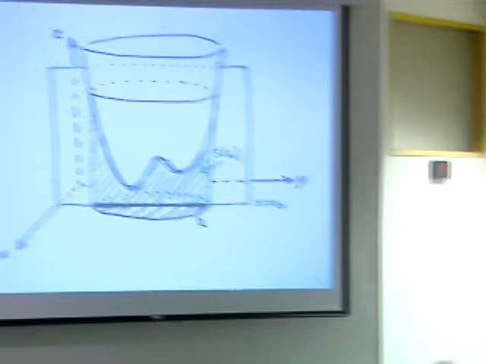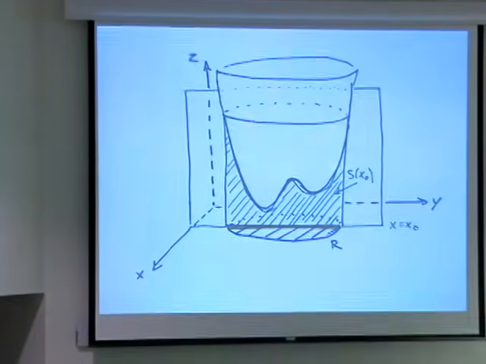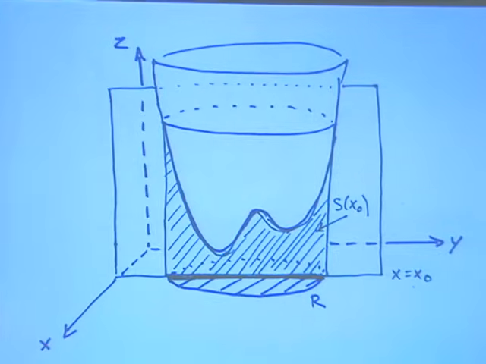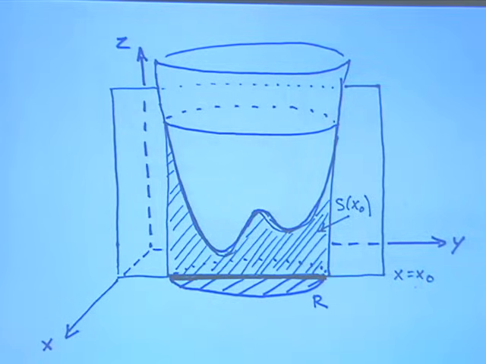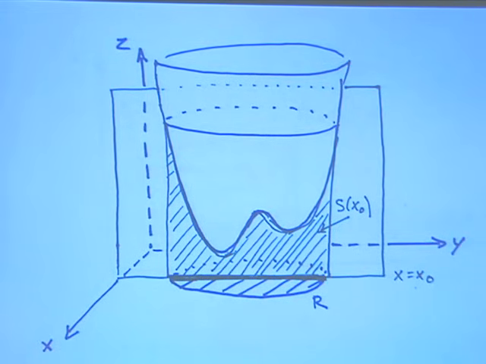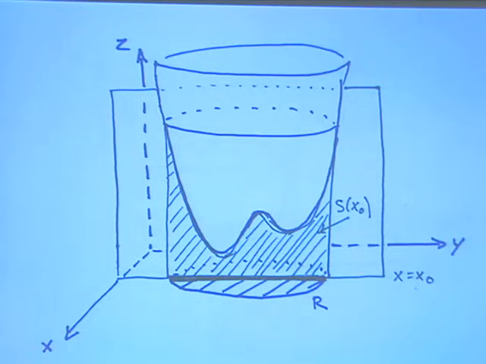Okay, so let me put up a slightly different picture here. I'm going to take planes, say in this picture parallel to the YZ plane. I'll take a moving plane that scans from the back to the front or from the front to the back. That means I set a value x0 of x, and I look at the slice x equals x0, and then I will do that for all values of x0.